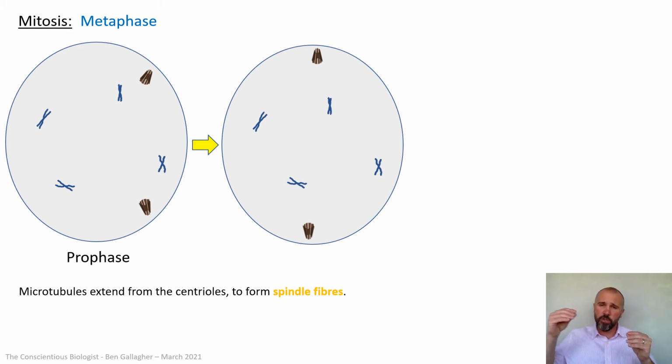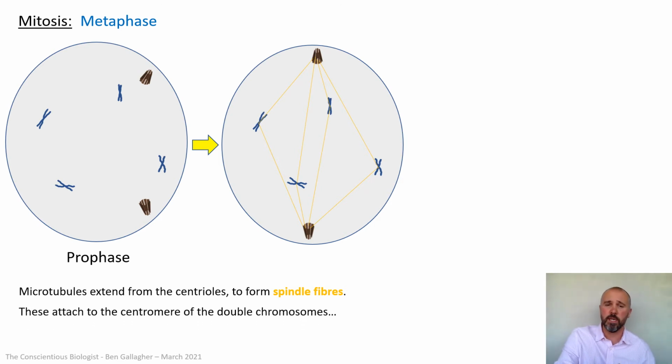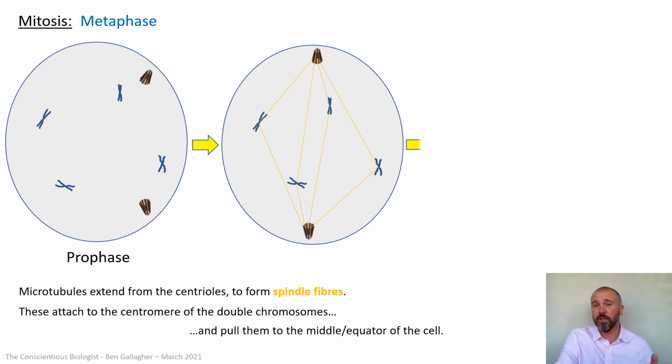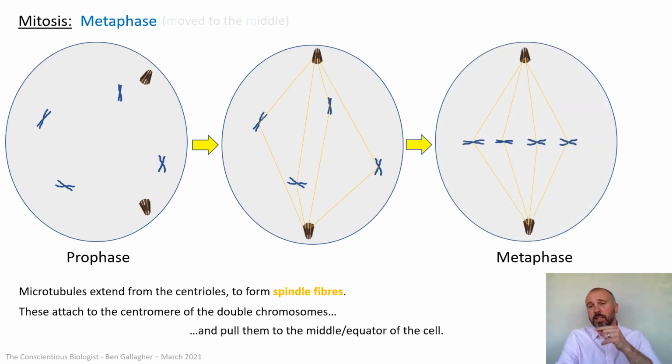It's just that the microtubules extend. Those spindle fibers shoot out into the cell from both sides, and they'll hit the double chromosomes. They attach to each double chromosome at the centromere, so that, now we can go to metaphase, they're pulled to the middle of the cell.